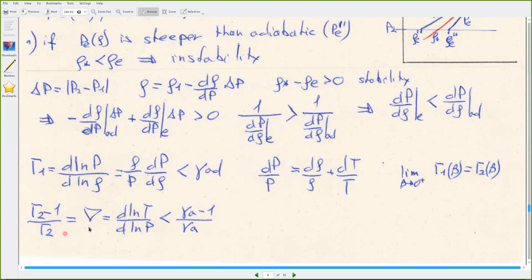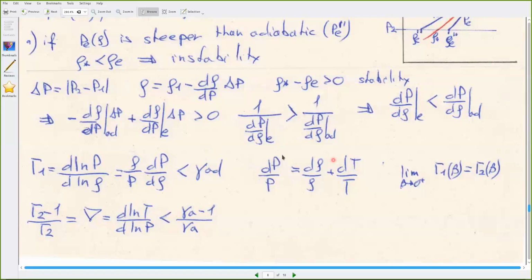Then the other quantity used is gamma 2, usually also represented with just the symbol of the gradient. That is the adiabatic gradient, the logarithmic gradient between temperature and pressure. That is gamma 2 minus 1 divided by gamma 2, which has to be less than the adiabatic coefficient minus 1 divided by the adiabatic coefficient.